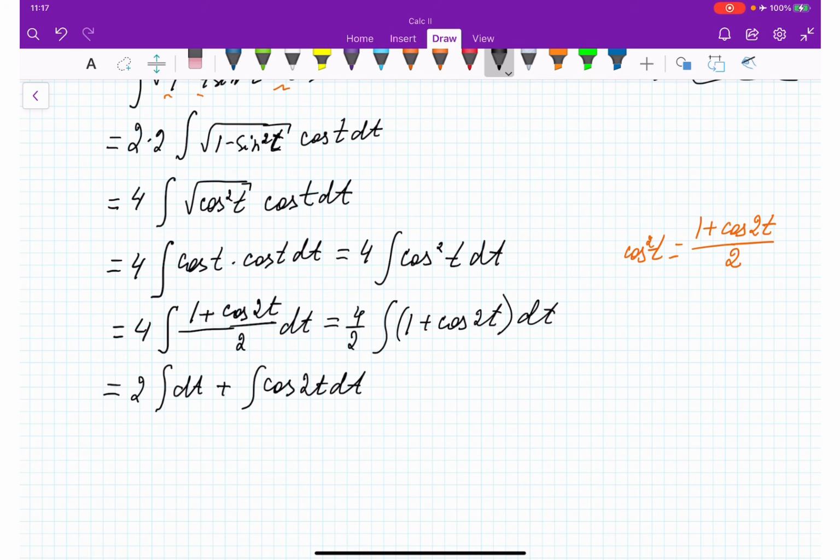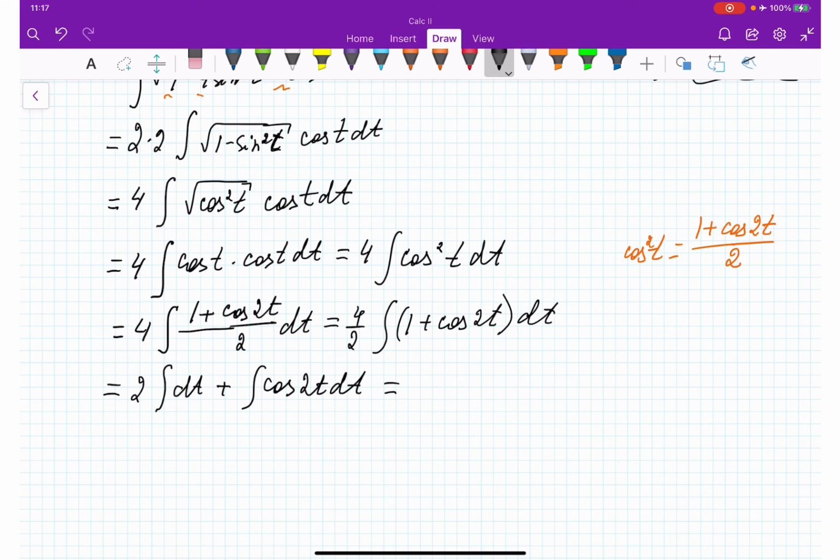All right. So what is going to happen now? Let me see. I can take the integral of dt. It's going to be simply t, right?